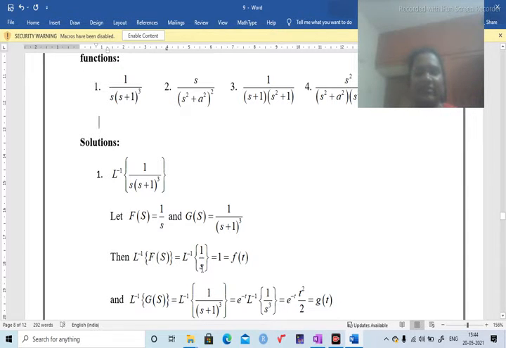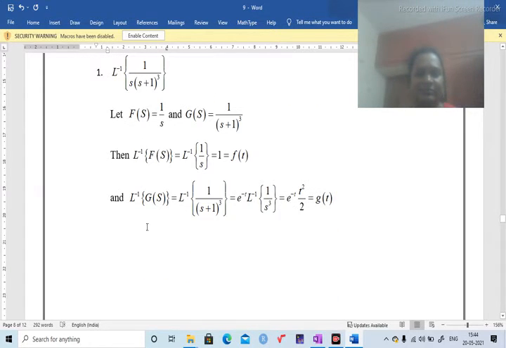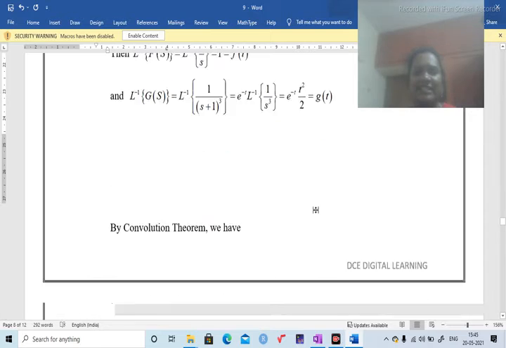So L inverse of 1 by s is 1 itself. Take this as f of t. L inverse of g of s equals L inverse of 1 by s plus 1 whole cube. Here plus 1 is there, that's why e power minus t, L inverse of 1 by s cube. So n equals 2, that means t square by 2 factorial. Take this as g of t.